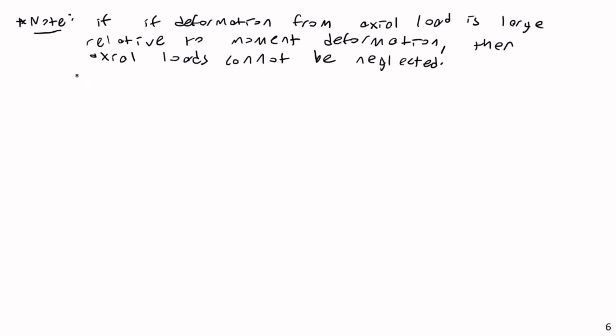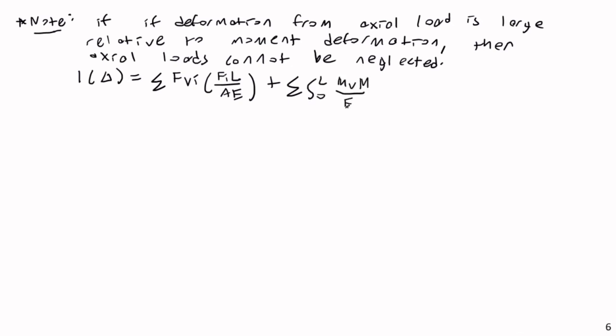So in that case, you'd have to go back to the full expression, which would be 1 times delta equals the summation of FVI times FI L over AE plus the summation of the integral from 0 to L of MV M over EI dx.